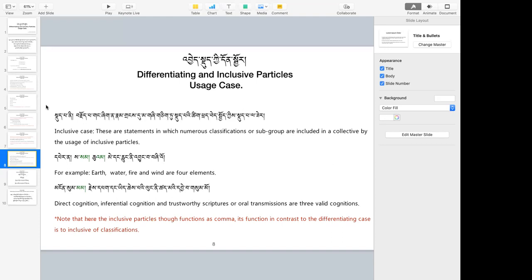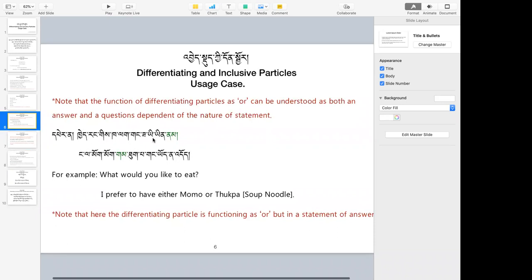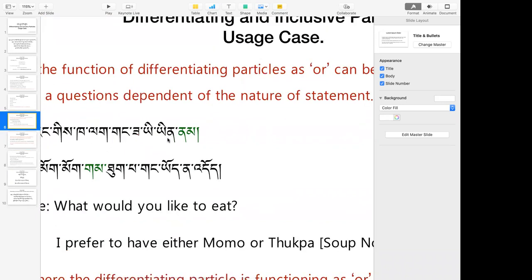So it becomes the particle of the interrogative case, in which if the particle follows the statement and appears at the end of a statement after a confirmational particle or confirmational verb, then it functions as a question.